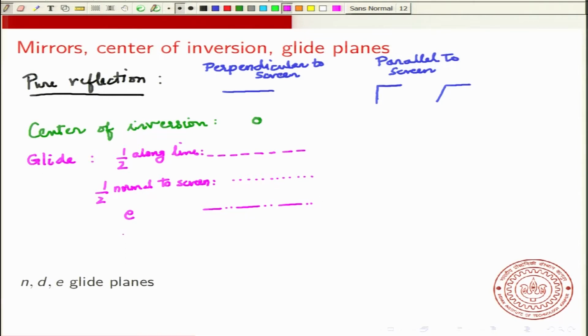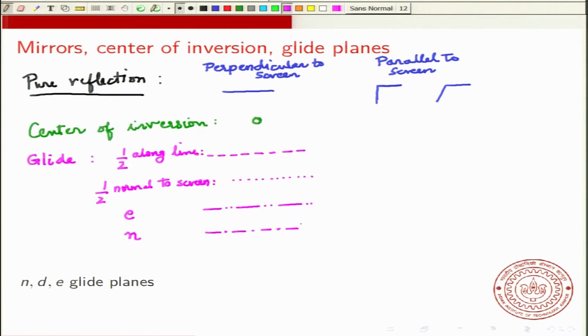You could have an N glide. Now, the N glide, if it is perpendicular to the screen, is a line with a dot. So a dashed dot line is an N, that is a diagonal glide.